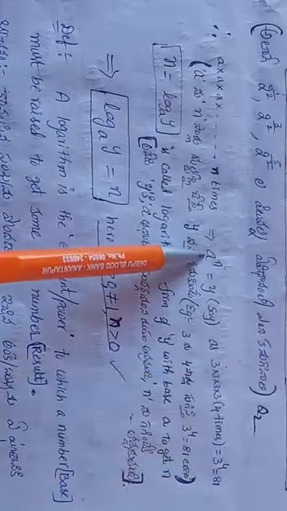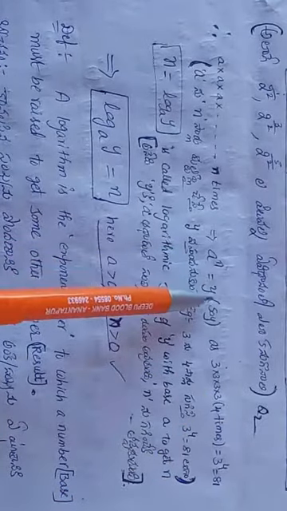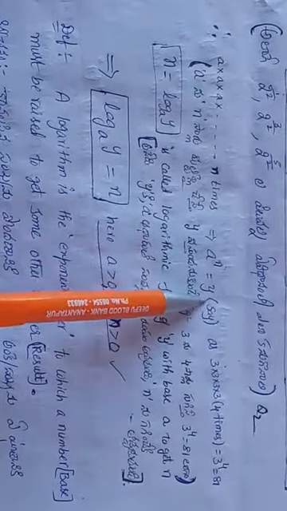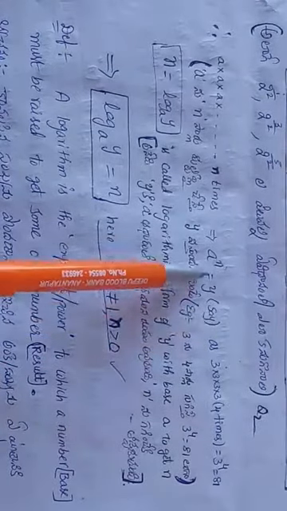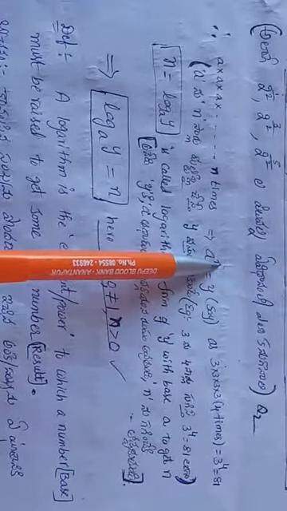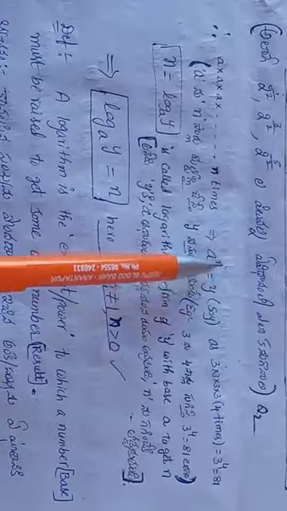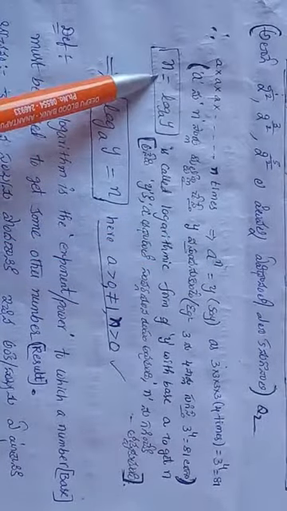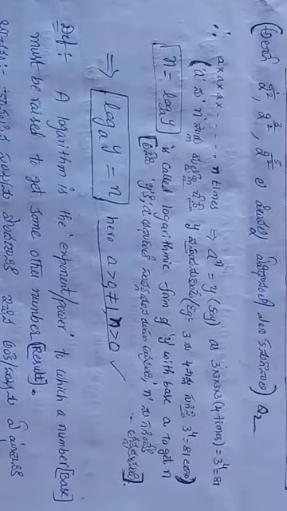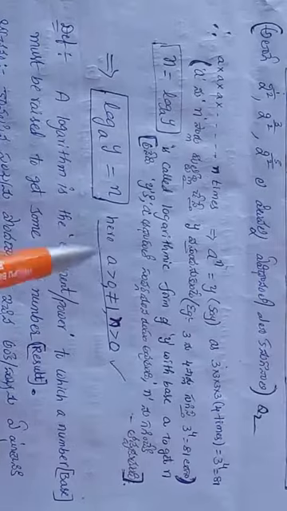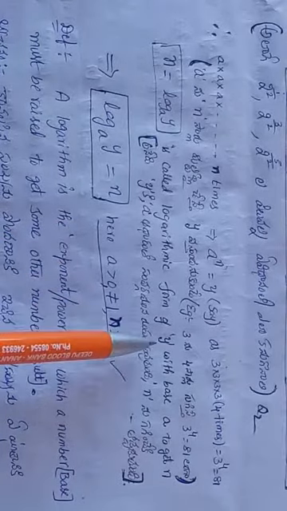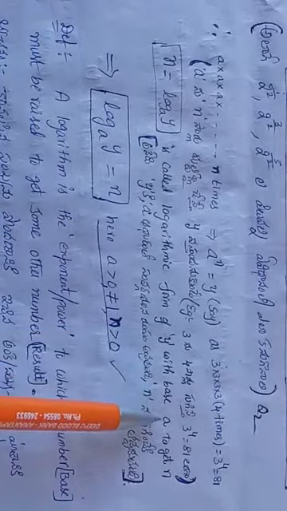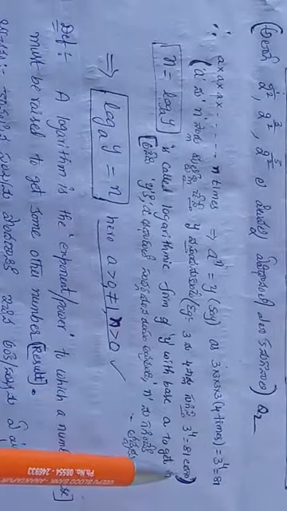Let us say a to the power of n equals y. So to get n, we have to write an equation like this: n equals log y to the base a, which is called the logarithmic form of y with base a to get n.